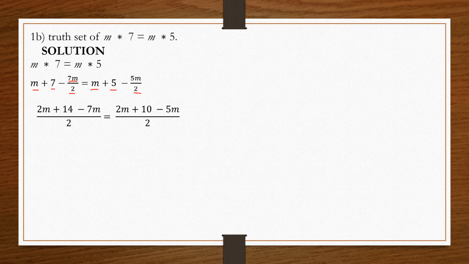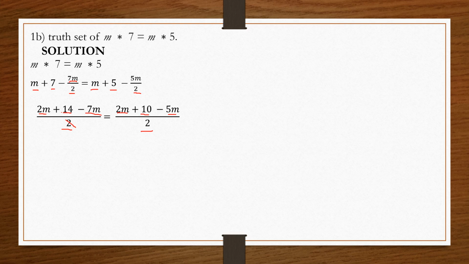Then we simplify further, find the LCM, which is 2 on both sides, and we have 2m plus 14 minus 7m for the left hand side, and on the right we have 2m plus 10 minus 5m.